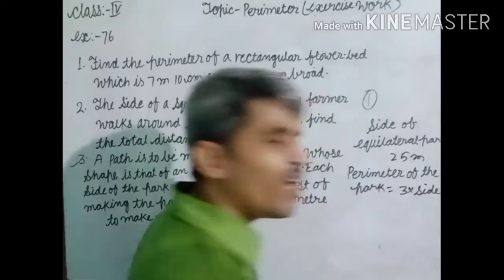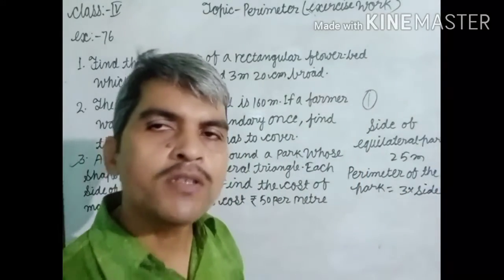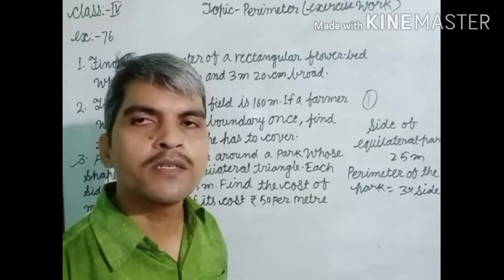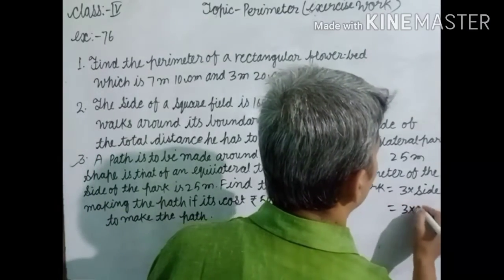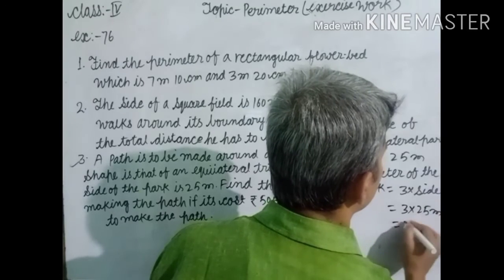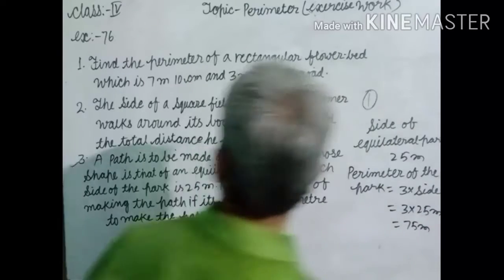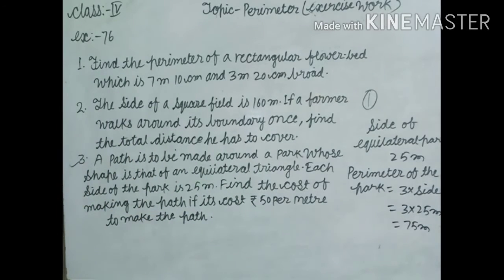Why? You know that a triangle has 3 sides and all sides are equal. So 3 into side, add them 3 times. Here 3 into 25 meters, that means 75 meters, the perimeter of the equilateral park.